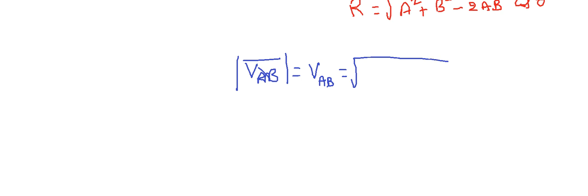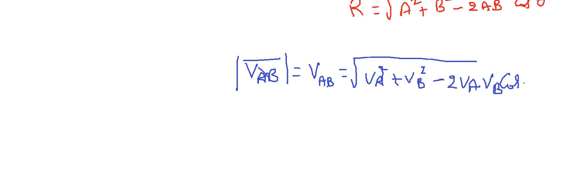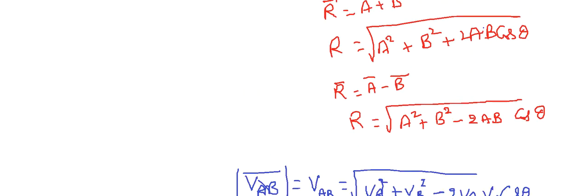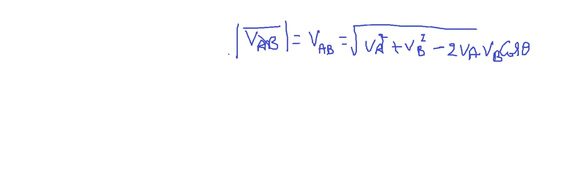This is given by root of VA square plus VB square minus 2 VA VB cos theta, because here it is VA bar minus VB bar. Now let us consider the different cases. Simple case 1.